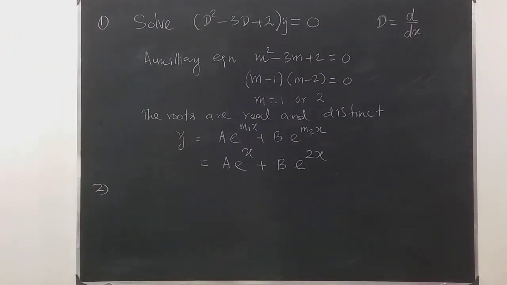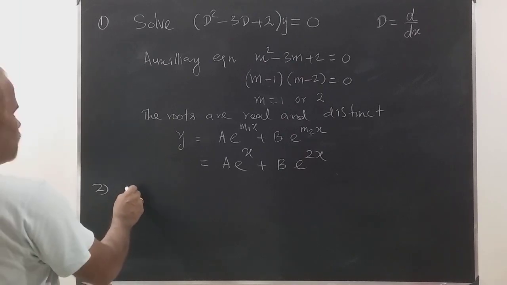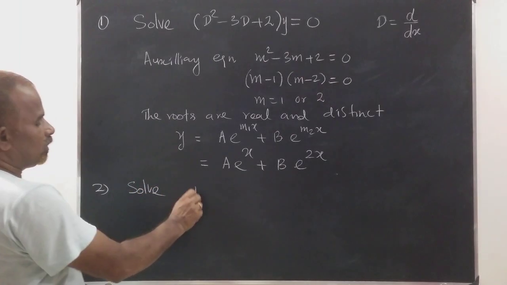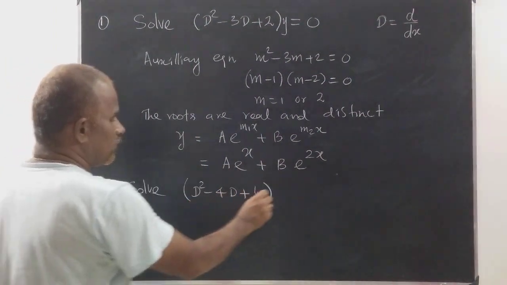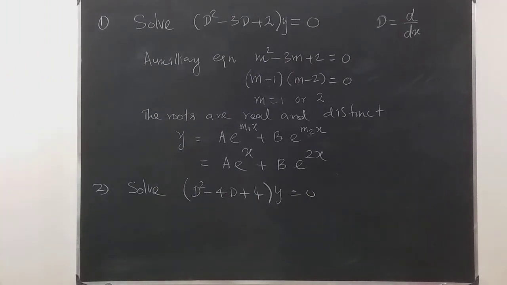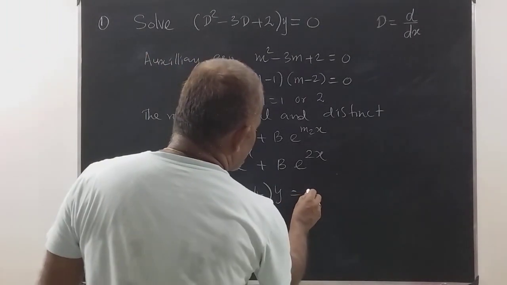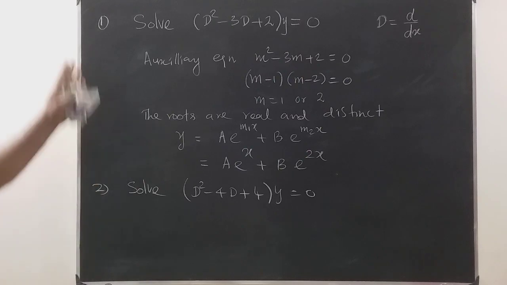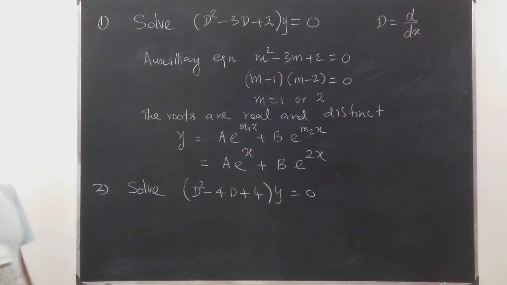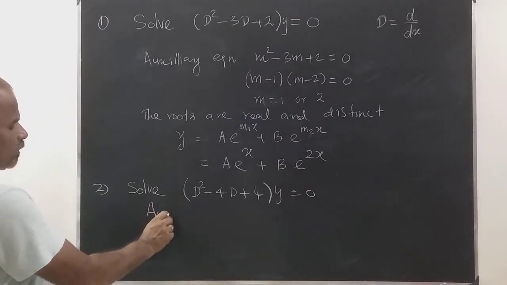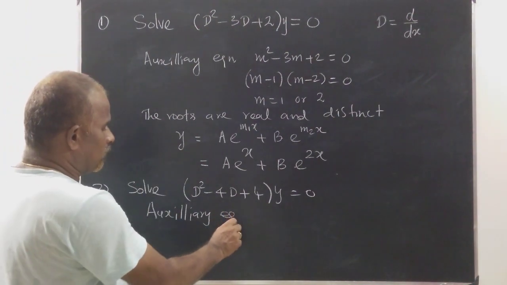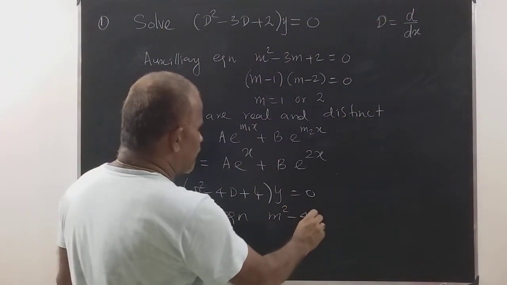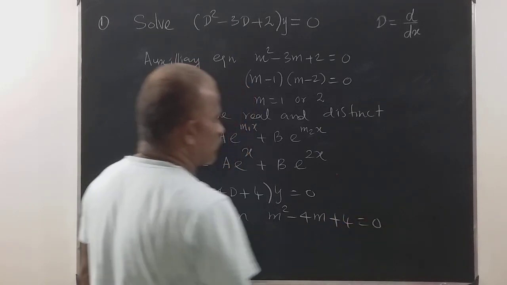Question number 2: solve D squared minus 4D plus 4 into y is equal to 0. The same thing, we are going to find the auxiliary equation. m squared minus 4m plus 4 is equal to 0.